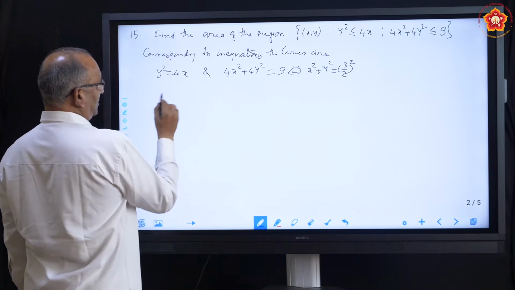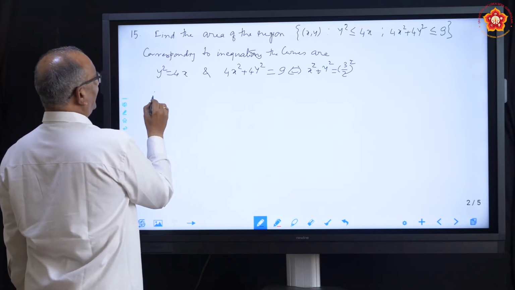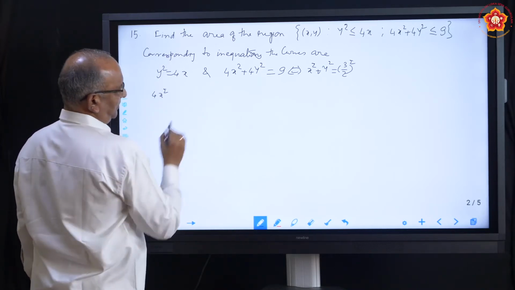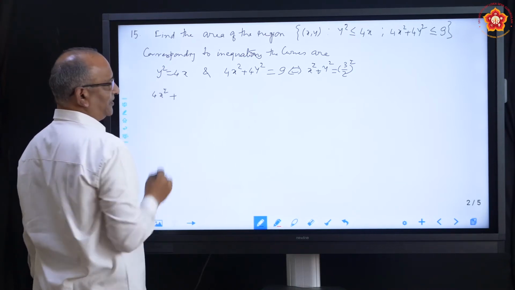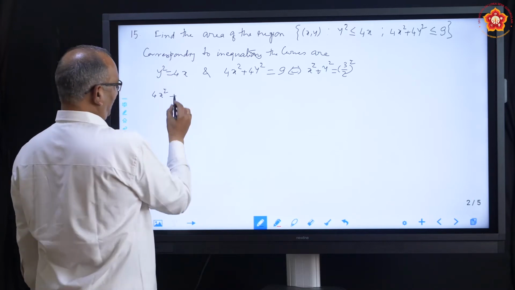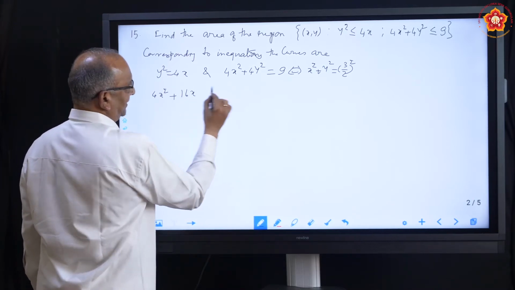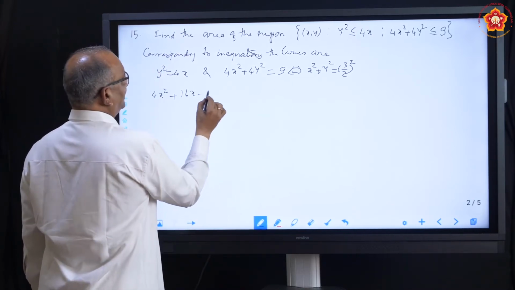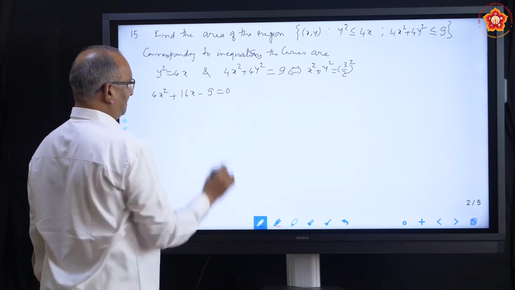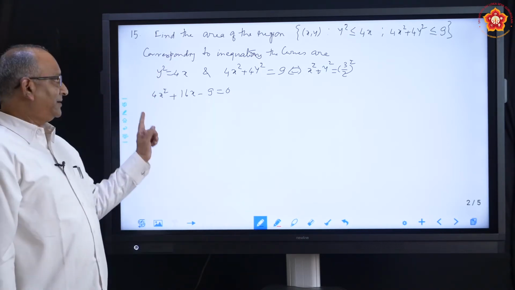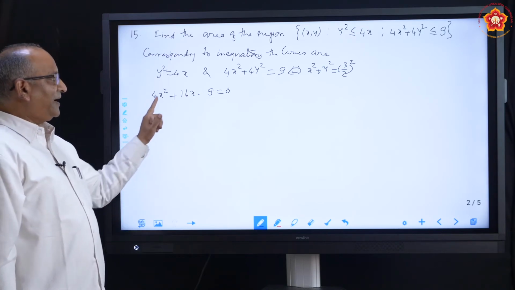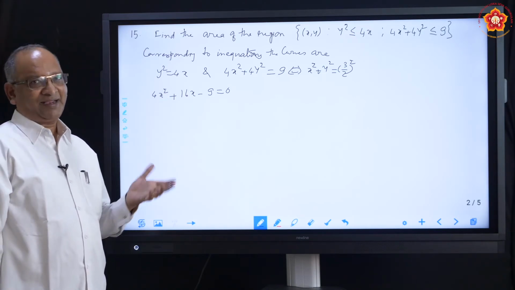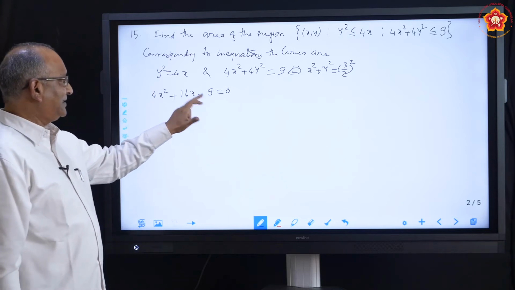There is no problem. So let us say 4x square plus 4 into y square. Y square is how much? 4x. So 4 into 4, 16x, minus 9, get that 9 also this side, equal to 0. Here is a quadratic equation. If you can directly factorize, factorize. For example, 4 nines are 36.